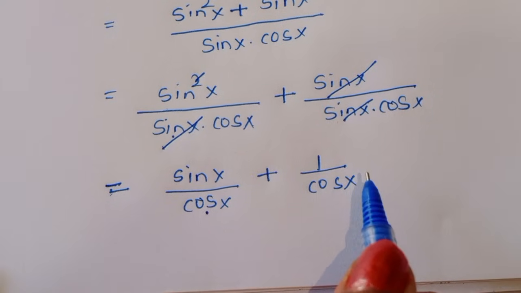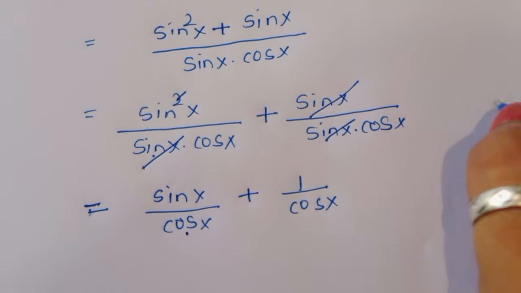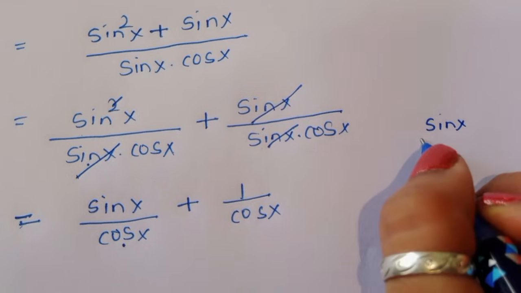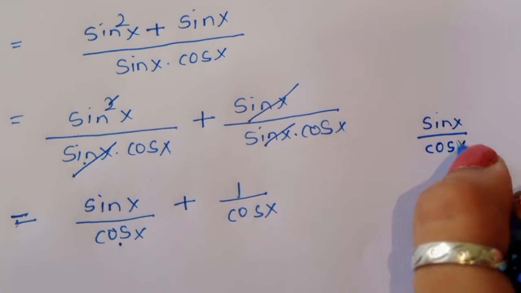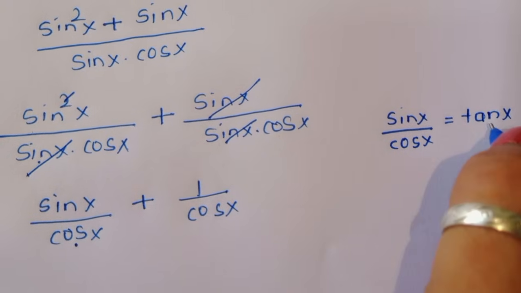Now we know the formula: sin x divided by cos x is equal to tan x. This is the formula.